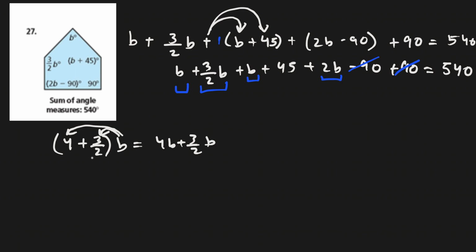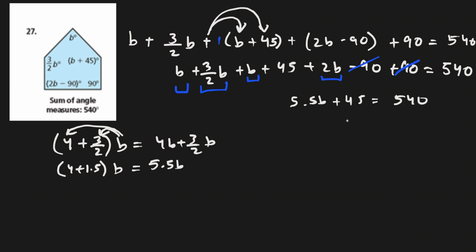What is 4 plus 3/2? 3/2 is basically 1.5, so 4 plus 1.5 is 5.5. So 5.5 B, and that's all the B terms, plus 45 is equal to 540.